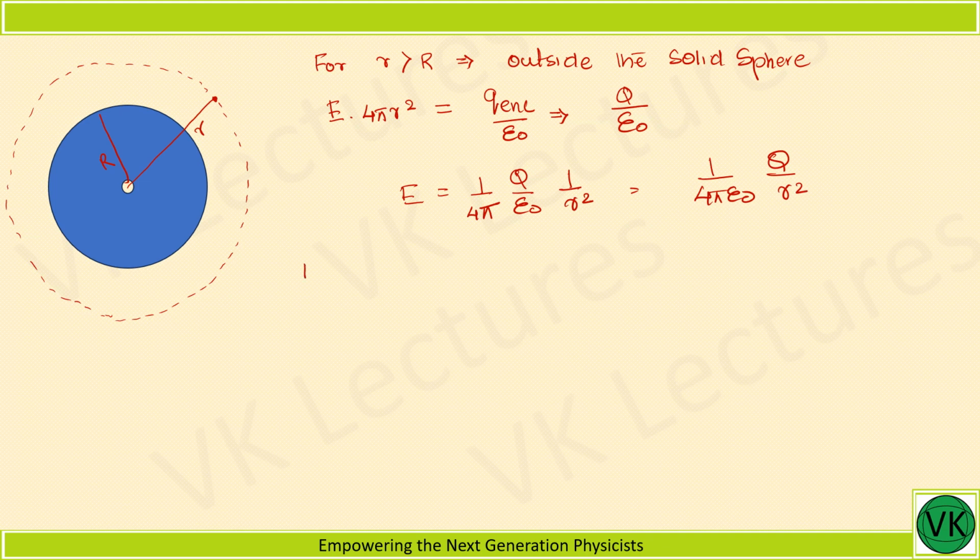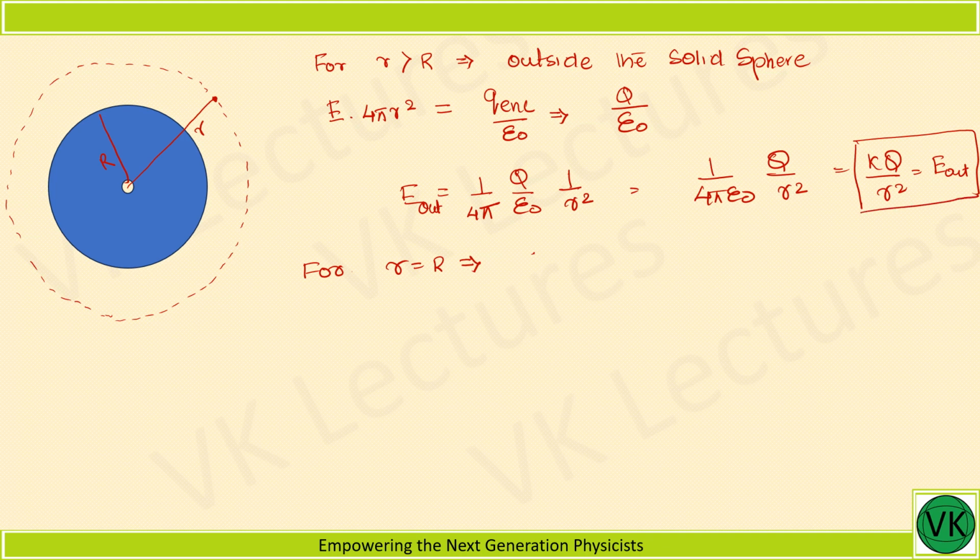Now for r equal to capital R, we can write this is outside, the electric field outside, which is equal to k q by r square, that's E out.